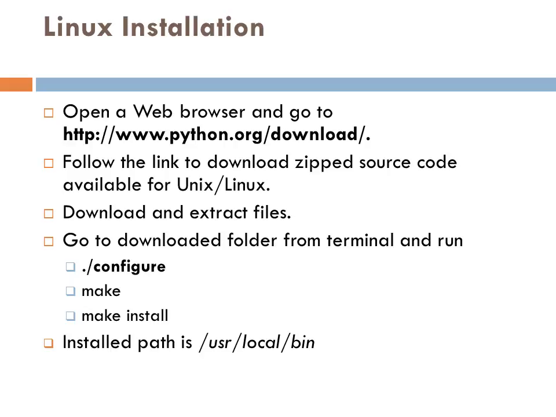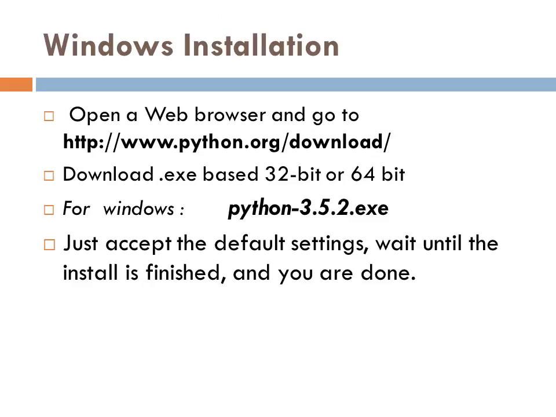After completing that, use the command make. After that, use the command make install. That will install the Python software on your desktop. The installation path of Python is /usr/local/bin.